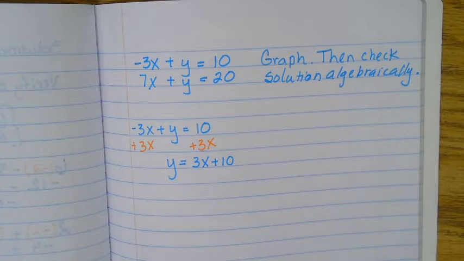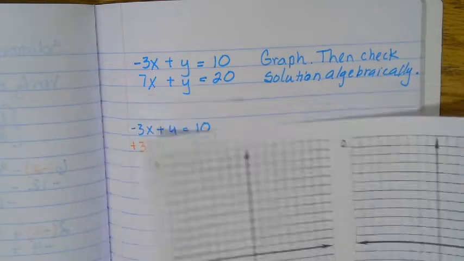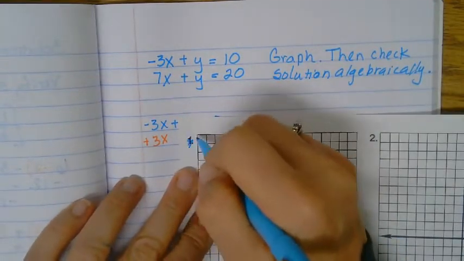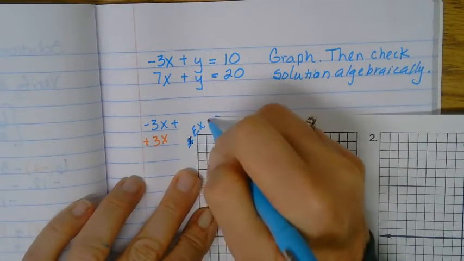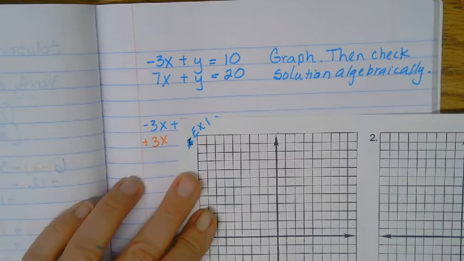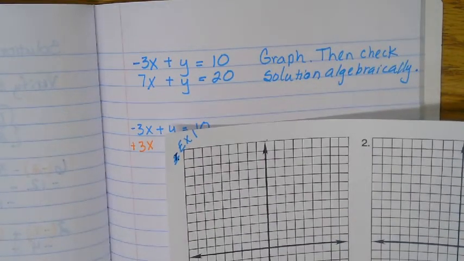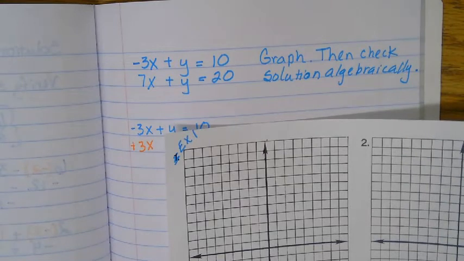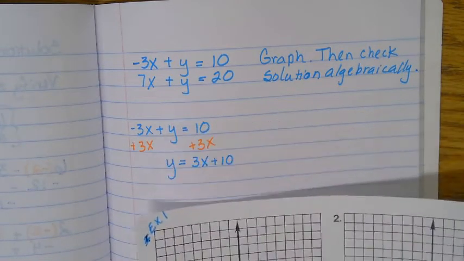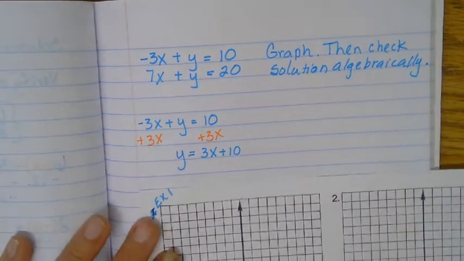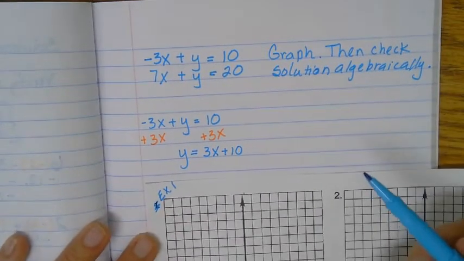Okay, so now go to number 1 on your graph paper and just cross off the number 1 and put example 1. And let's graph this. So where do I go first?